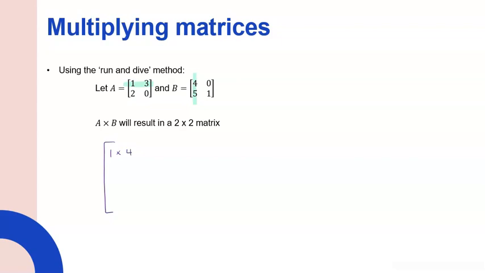Then I'm going to move across, so using the 3, and I add this, times, move down, the 5. So you can see that as I've moved across the row, I've also moved down the column. If we work out that little mini calculation, I've got 1 times 4 is 4, plus 3 times 5, 15. So 4 plus 15 is 19. That will give me my result there.